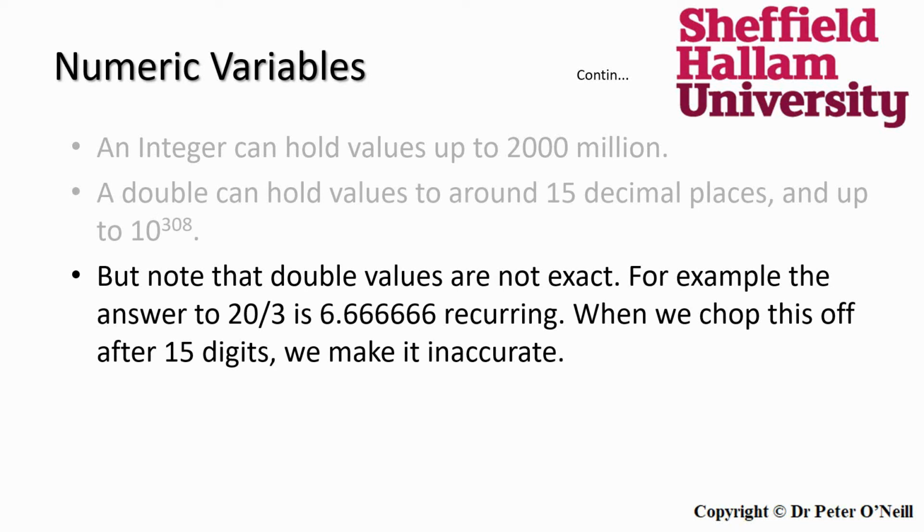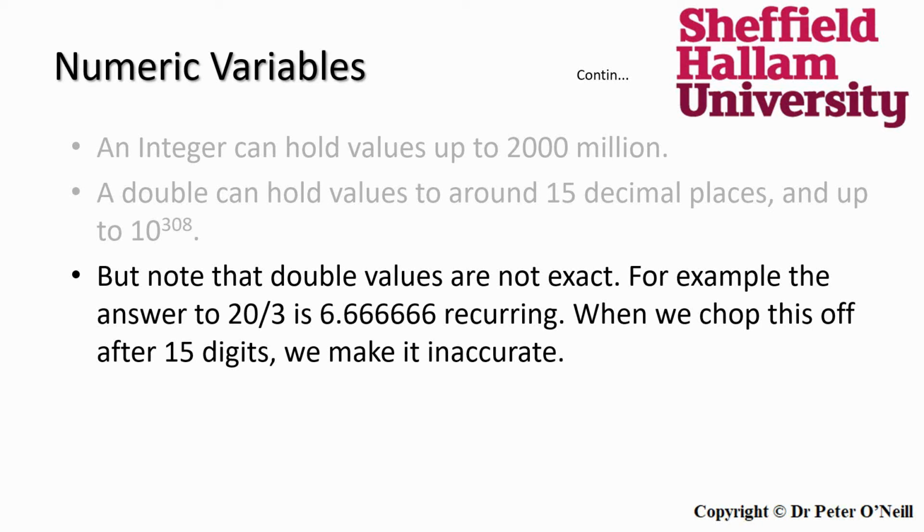But note, double values are never exact. For example, the answer to 20 divided by 3 is 6.666666666666 recurring.